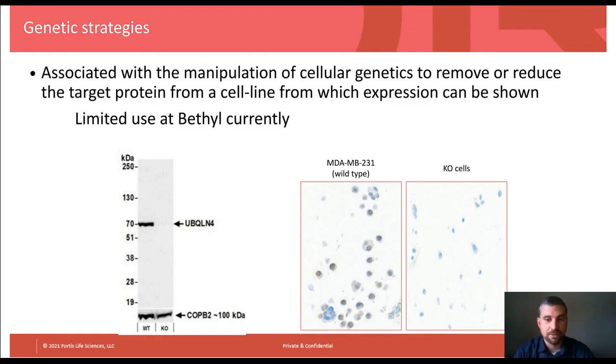You see that over here on the right, where we're getting pretty good binding and staining in an ICC of wild type MDA-MB-231s, where over here on the right, we've got knockout cells where that signal has been abrogated. So again, it's really important to keep in mind that a single one of these pillars, as a general rule, is not going to serve to say that this is a validated product in and of itself.